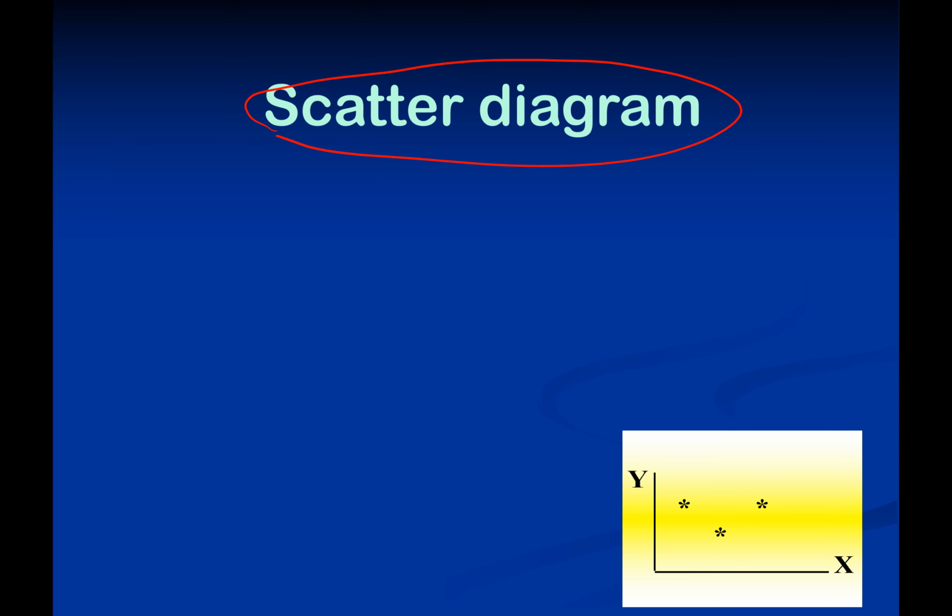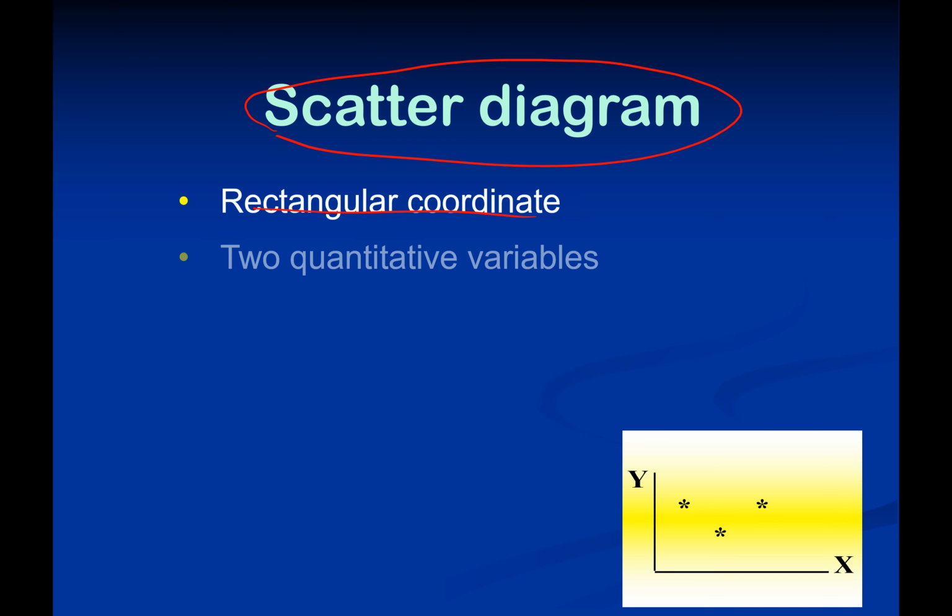So put into the Cartesian system with a rectangular coordinate, we have two quantitative variables. X represents the independent variable. The independent variable goes on the horizontal axis, and the dependent variable goes on the vertical axis.